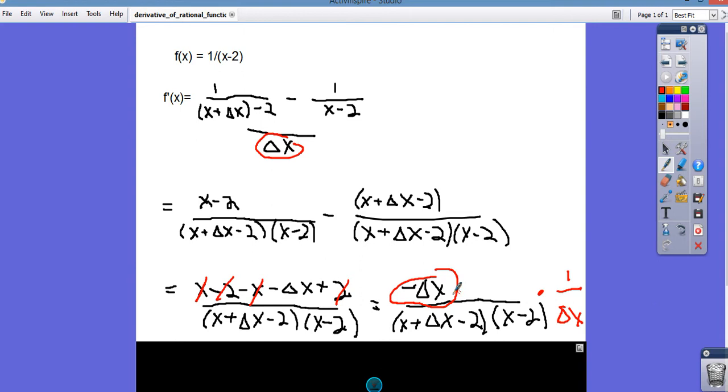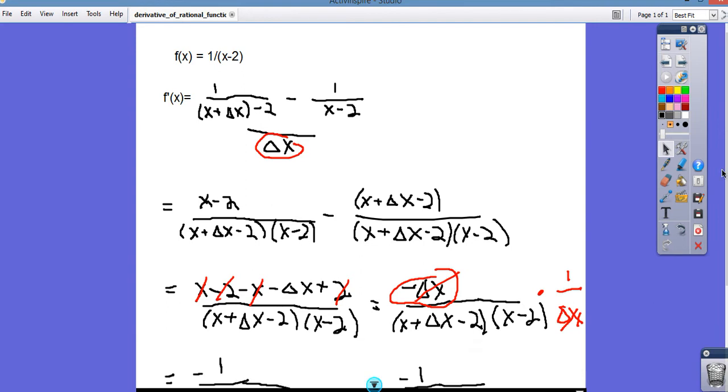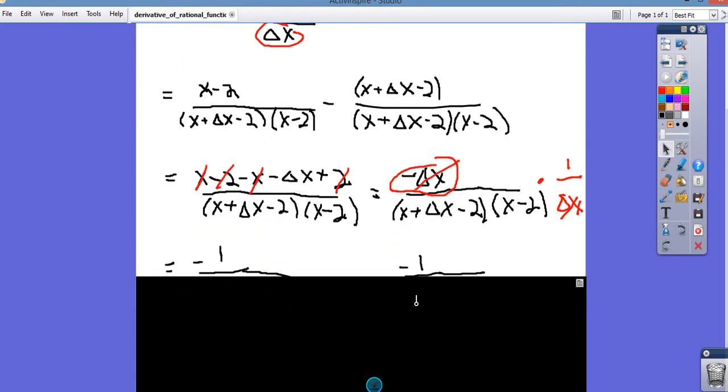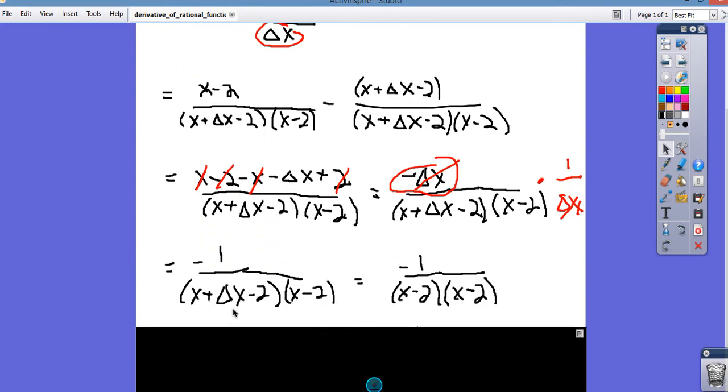Okay, so now we have a delta x in the numerator, delta x in the denominator. That will help us come down to negative 1 over our common denominator. Okay, now, we don't need to multiply these two expressions together, because now we can do the limit.